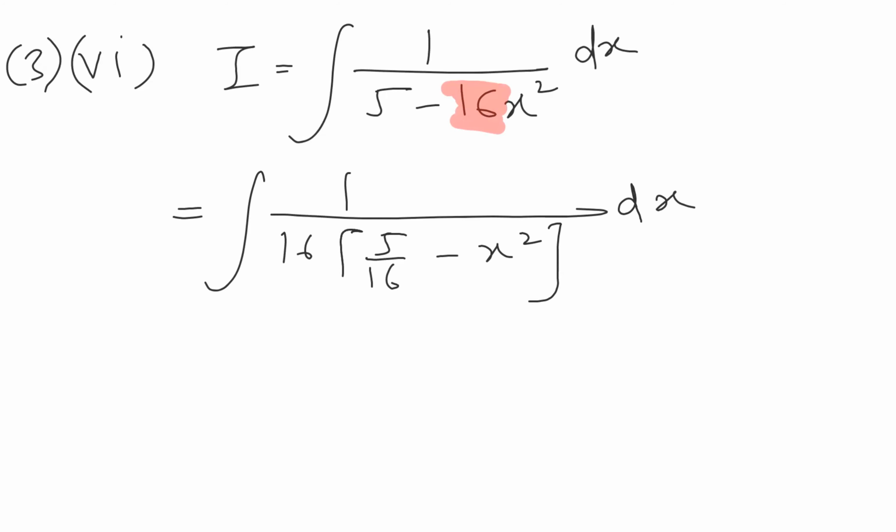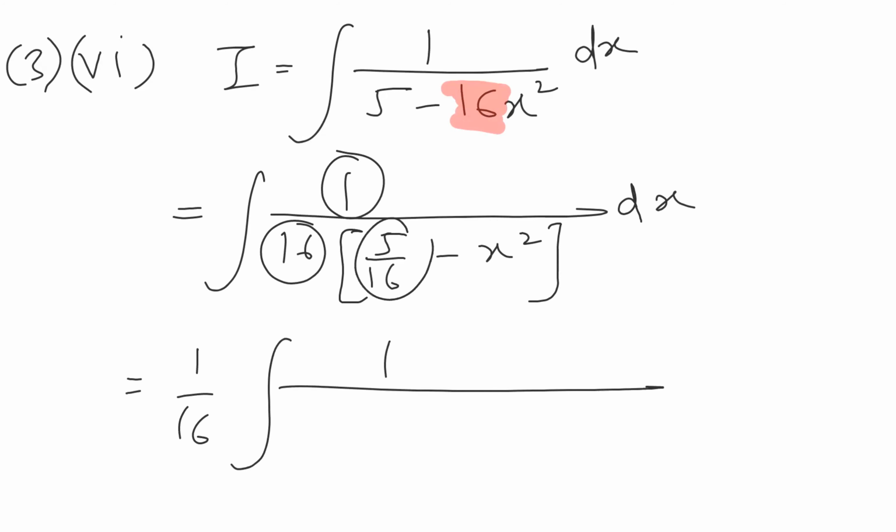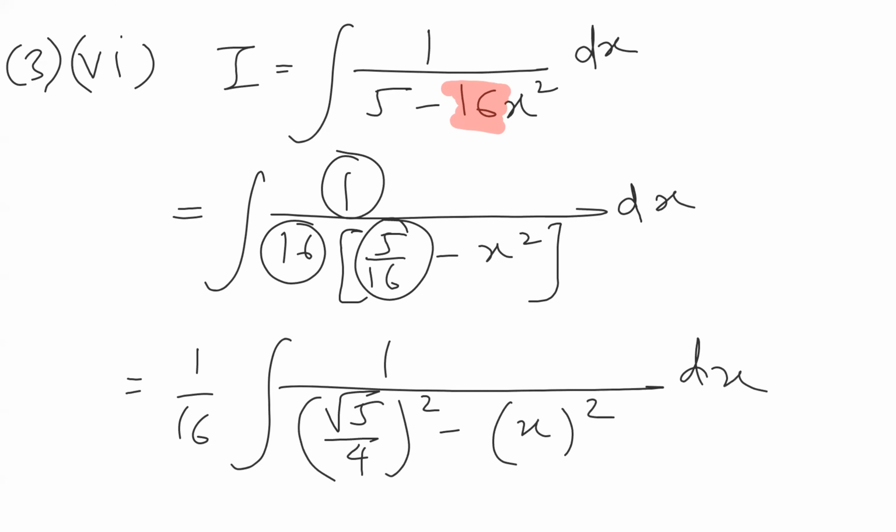Okay, so 1 upon 16 outside, root 5 by 4 the whole square. You have to make this a perfect square, dx. So whatever I am marking, root 5 by 4, that becomes a, and x remains x.